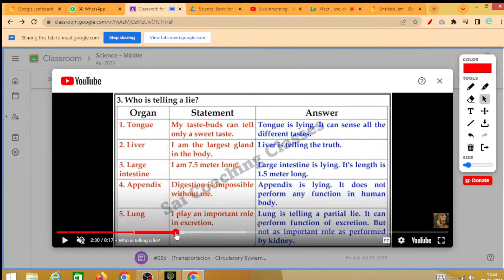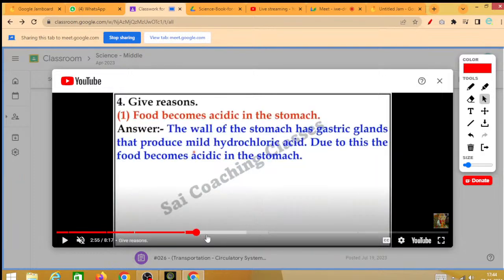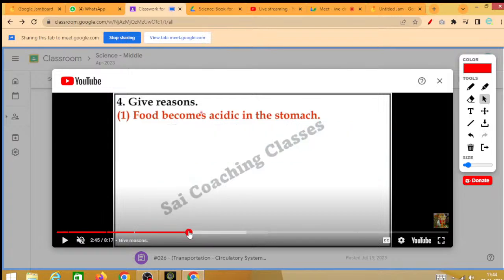Okay, we'll go to the next question. Now, Anjali. Give reason: food becomes acidic in the stomach. Why does it become acidic in the stomach? Tell me, we just did it.